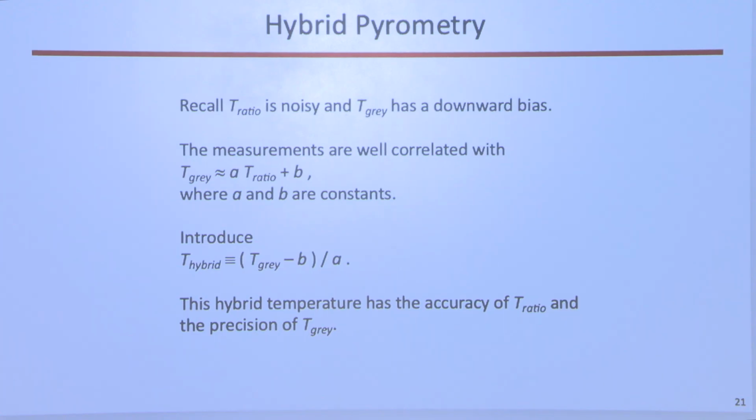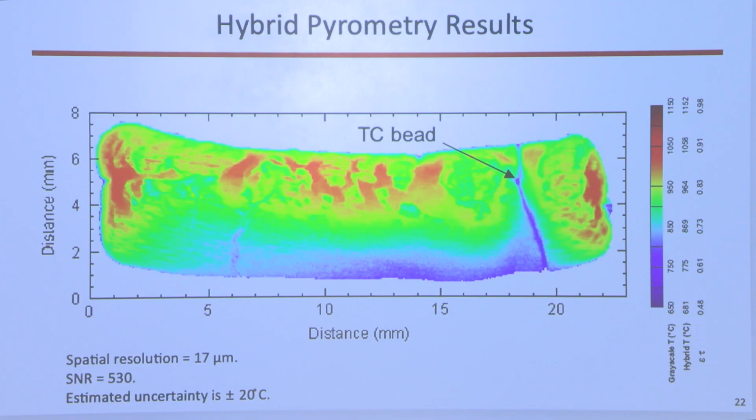I'll show this on the next slide, the last slide in this sequence, which looks exactly like the grayscale pyrometry image, except now, and obviously it's hard to see from where you're sitting, the scale is different. In the legend now, the temperatures are the ones that we believe to be true, the ratio temperatures, but with the nice precision of the grayscale temperatures.